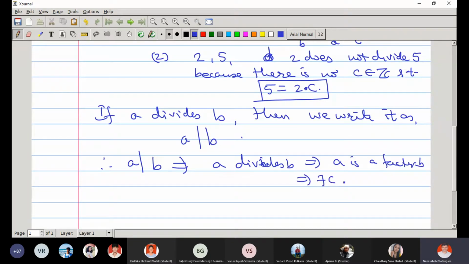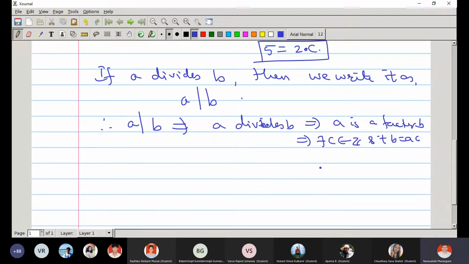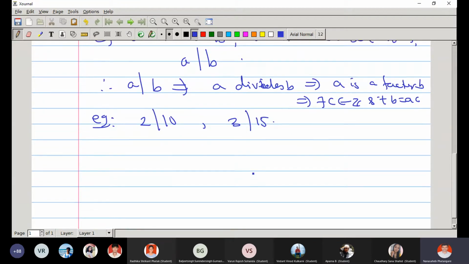That means there exists an integer c such that b is equal to ac. For example, can I say that 2 divides 10? Is it true? Yes. Or I can say that 3 divides 15. So this is true.